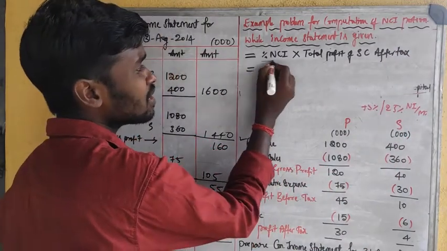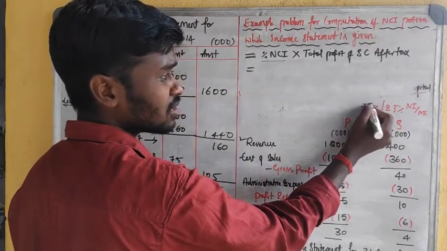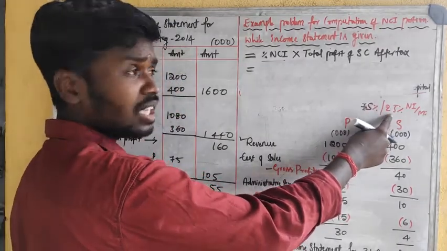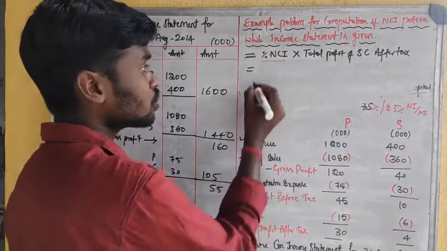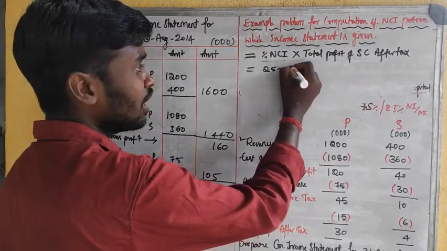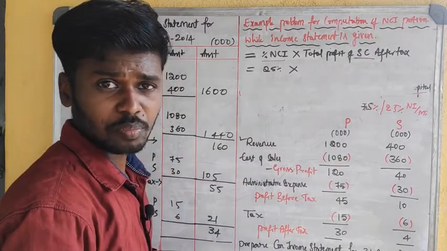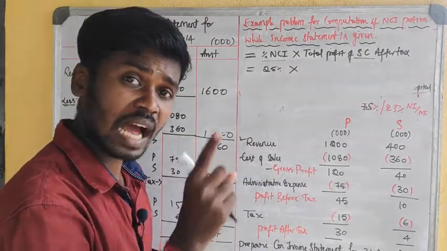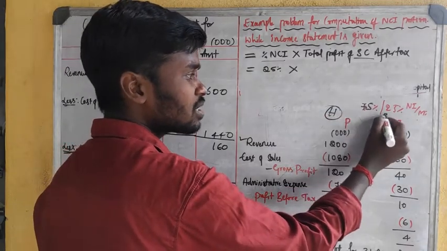See, what is the percentage of non-controlling interest here? See, 75% is the majority interest and 25% is the non-controlling interest in the subsidiary company. So therefore 25% is the non-controlling interest into total profit of the subsidiary company. So what is the total profit of the subsidiary company only after tax? See, P Limited is the holding company and S Limited is the subsidiary company.